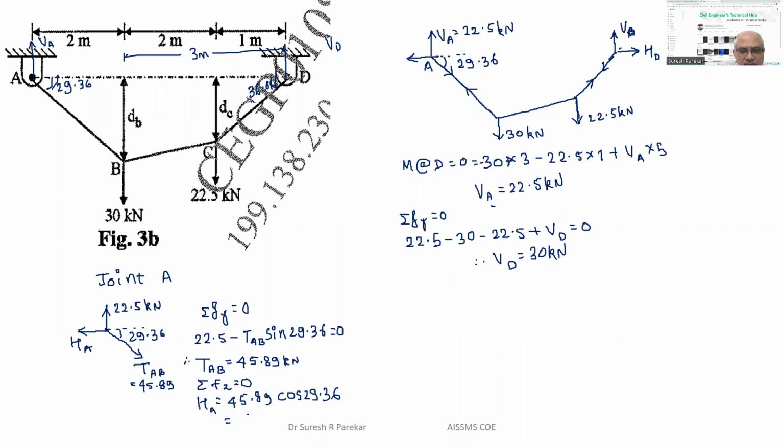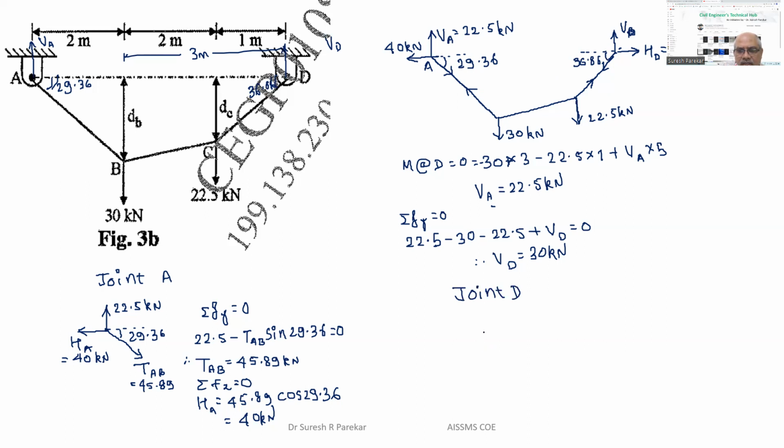As we have no horizontal force acting on this, my value of HA, which is 40, should be equal to the value of HD, 40 kilonewton. And then we have this angle that we calculated, 36.86.